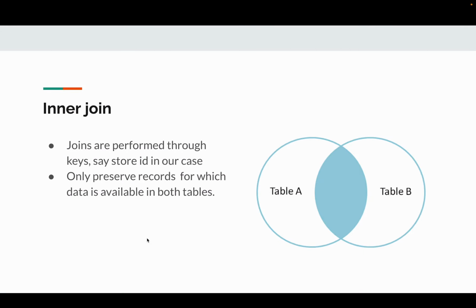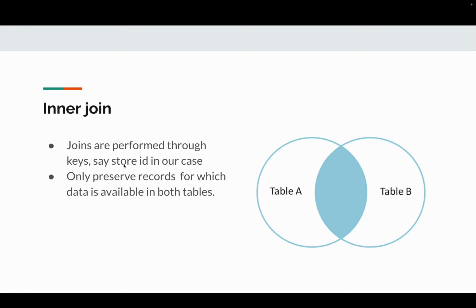There are a few different joins. The first one is what we call the inner join. When we talk about joins, we are joining as a pair, so tables A and B. If you have, let's say, 3 tables, you will be pairing A and B, or A and C, and then B and C, or C and A. When we're doing the join, we have to have a common key.